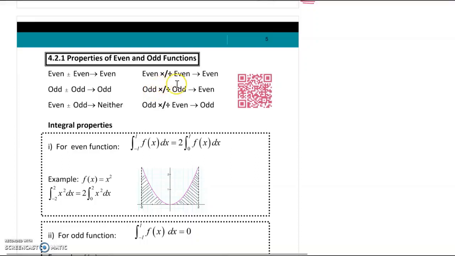The second function is also odd, so it is symmetric about the origin. But when you multiply or divide these two functions, the result will be even, so the graph will now be symmetric about the y-axis. We are going to see that in the simulation.